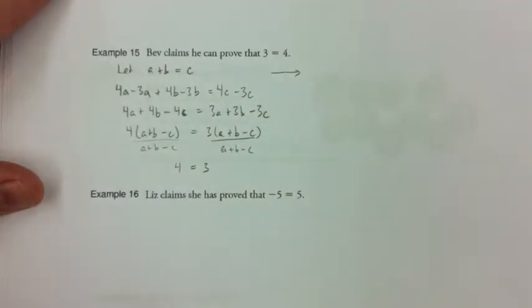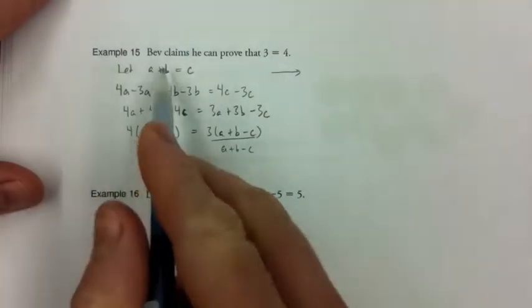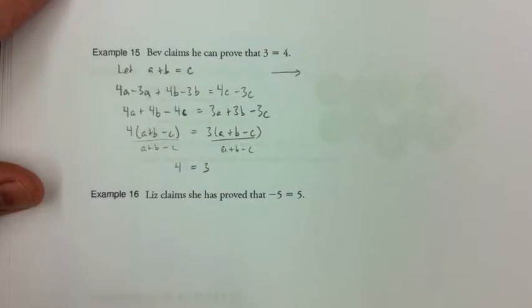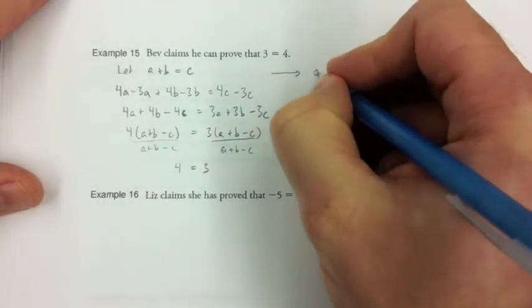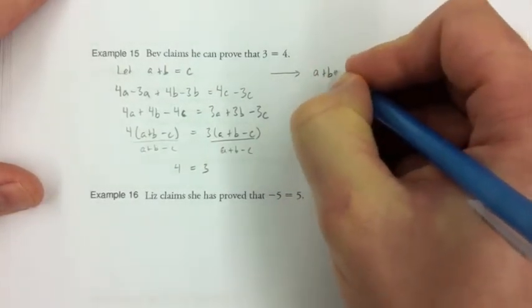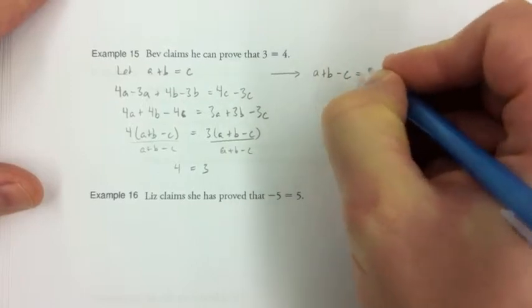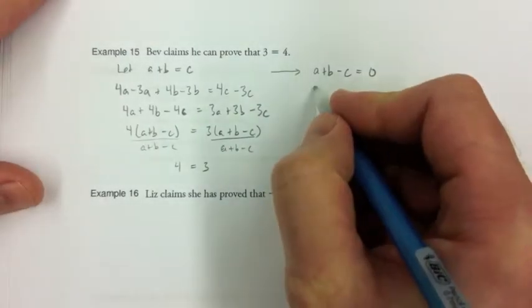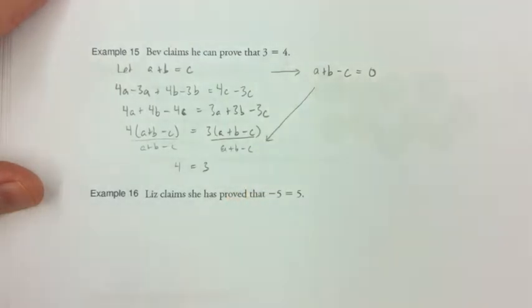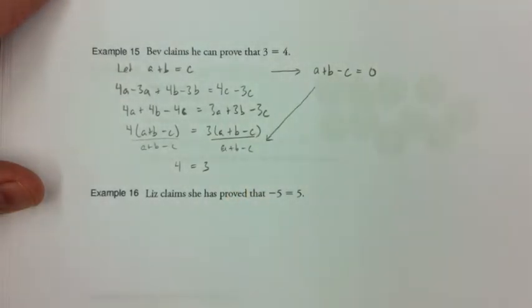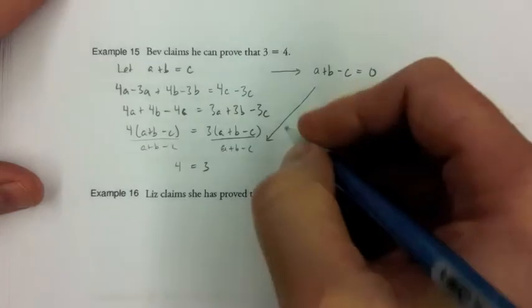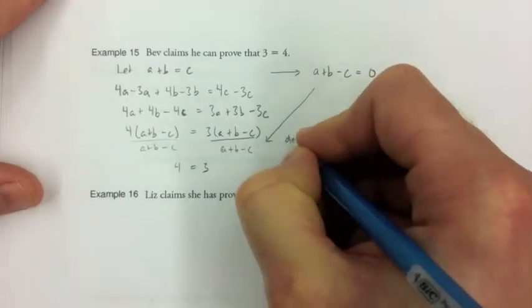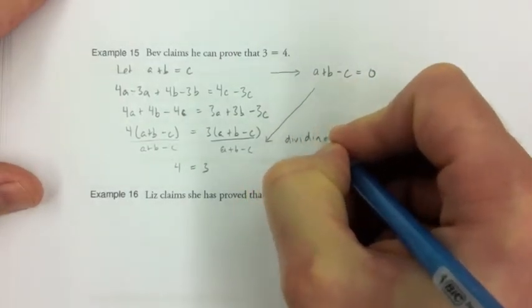Let's start out with the first thing. A plus B is equal to C. There's nothing wrong with that statement. In fact, if we arrange it, we know that A plus B minus C must be equal to 0. Oh, and this gets us to the rub of the mistake. Right down here, we divided by A plus B minus C, but that is the same as dividing by 0.